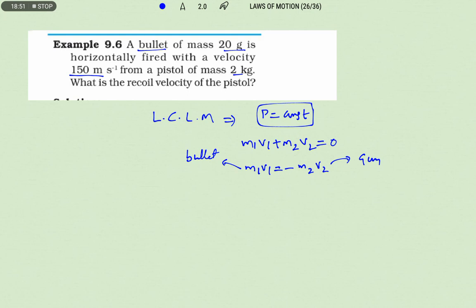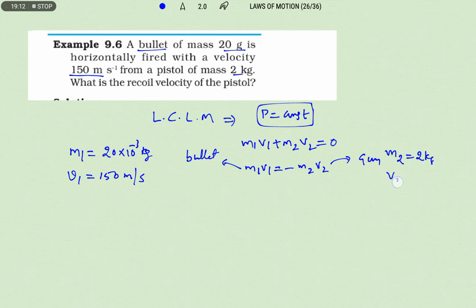Let us write the values of this. So m1, that means the mass of the bullet, is 20 gram, 20 into 10 power of minus 3 kg. And what is the velocity of the bullet? 150 meter per second. And what is the mass of the gun? m2 is equal to 2 kg.